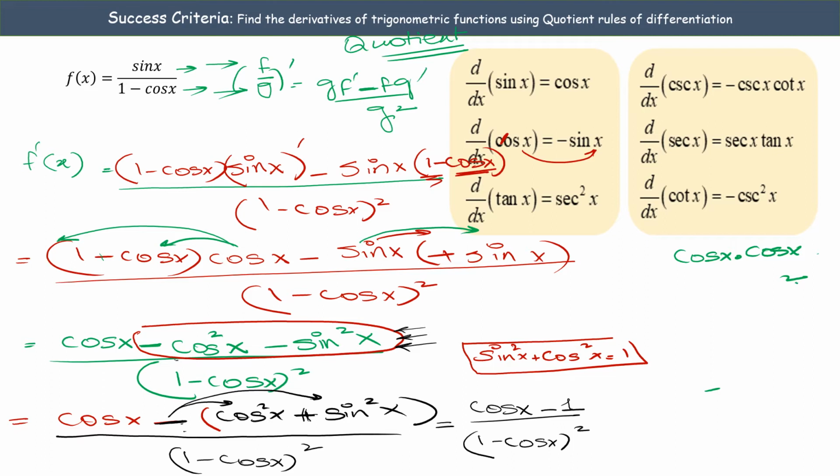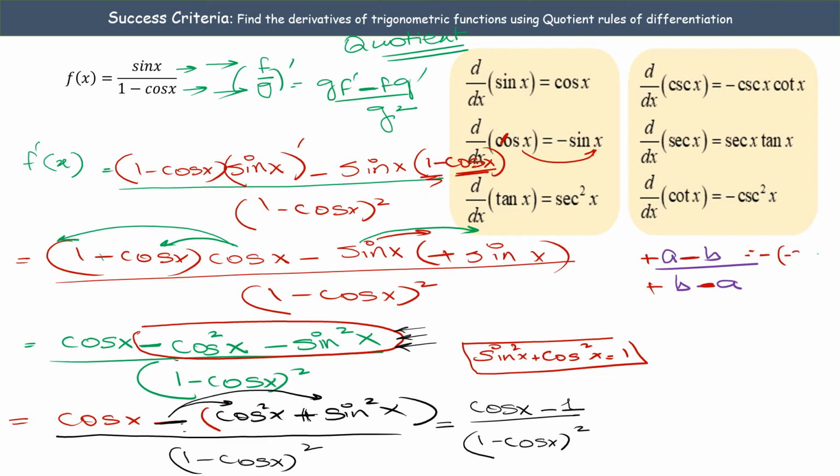If I have two factors dividing each other with exactly opposite signs, for example a minus b in the numerator and in the denominator the same terms with exactly opposite signs, which means the positive a in the numerator and negative a in the denominator, similarly the second term is negative b and the denominator is positive b, you can take the common negative of the upper one and all the signs will be changed.